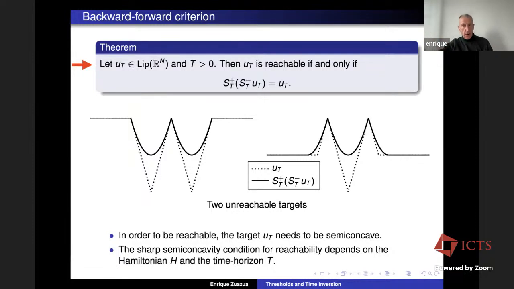Similarly, if another person comes to me saying, listen, this time I did it well. I made a very careful measurement and I got this kind of M-shaped dotted line on the right. Well, because the first time it was wrong, I am cautious. I check it again. I solve the Hamilton-Jacobi equation backwards. I solve it forward.